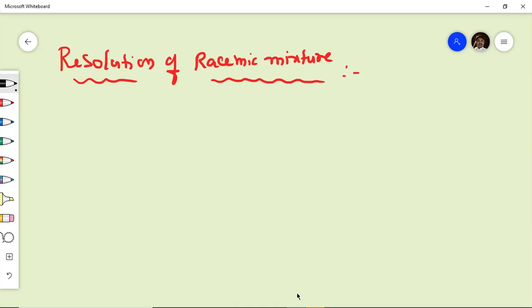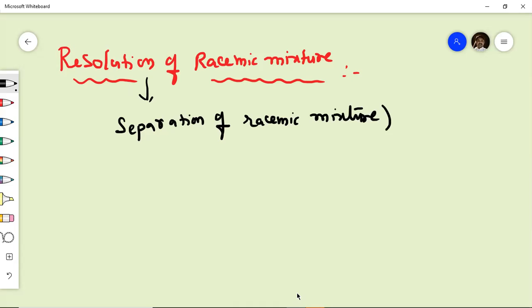Here, this resolution is nothing but the separation of a racemic mixture. The meaning of this is, if you separate the racemic mixture, that is called resolution. Here two things are there.